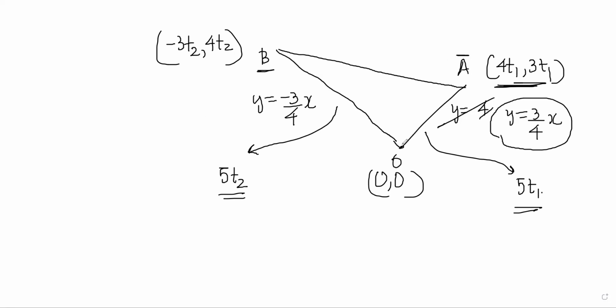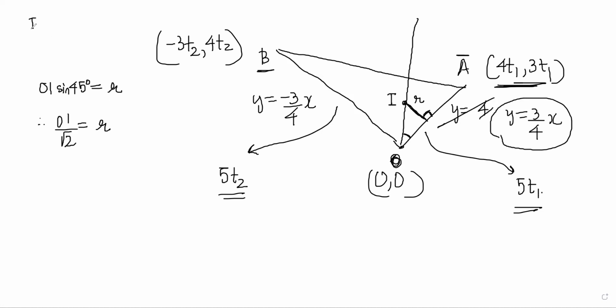Correct. And this was my OI situation. This is I, right? So since this is the in center, we can say that OI, and this is 45. So OI sine 45 is equal to the in radius, right? This perpendicular is my small r, right? Therefore, OI by root 2 is equal to small r.